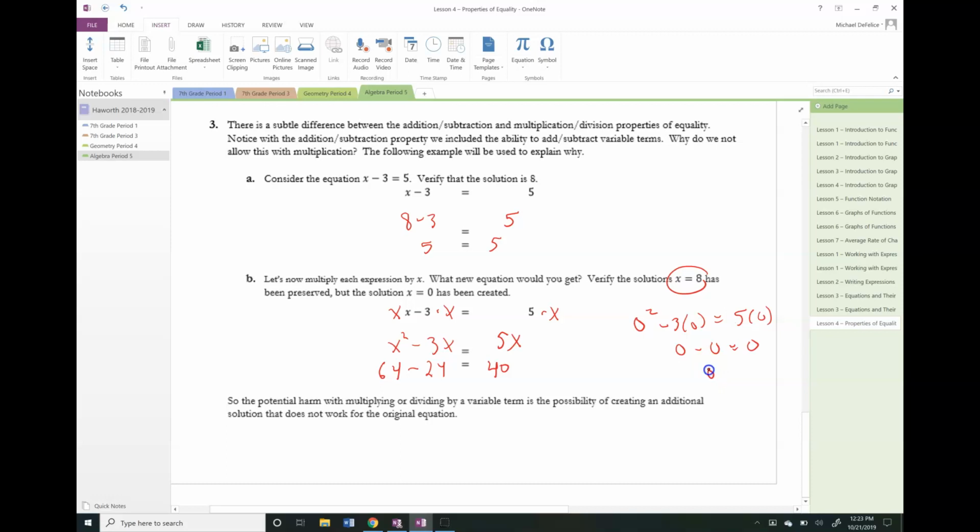And that's true. 0 does equal 0. So not only did we preserve the solution, but we actually created one as well. And 0 would not be true for the original equation that we were trying to solve. So that's the potential harm with multiplying by a variable term, or even dividing by a variable term, is that you might create or possibly lose solutions to the equation that you're actually trying to solve.